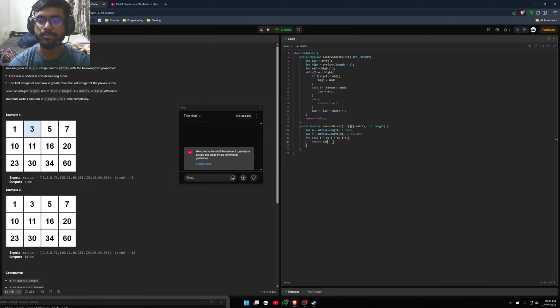So return binary search of array, which is i, comma target. No, we can't do this because in that particular array, if the element is not there, it will return false. But we don't want that. Okay, got it.